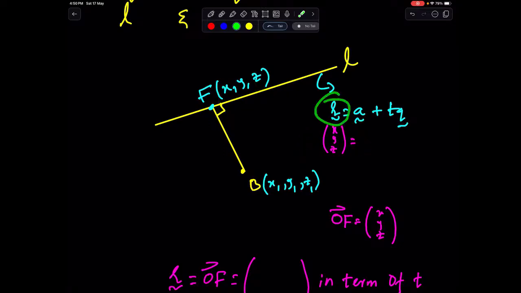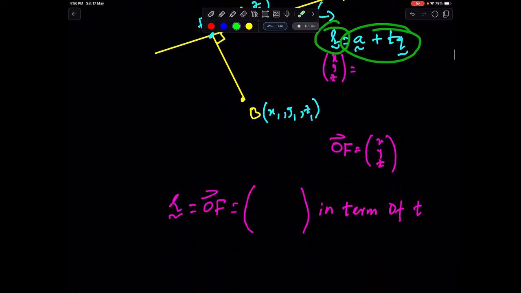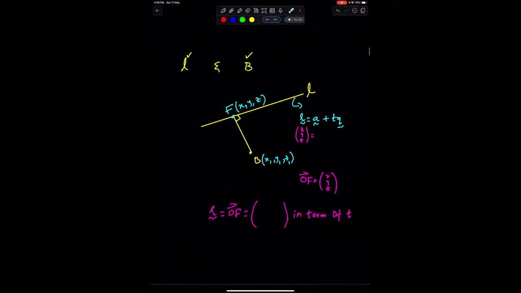So replace R by OF in this equation, and we have got OF in terms of T. Now understand up till here.